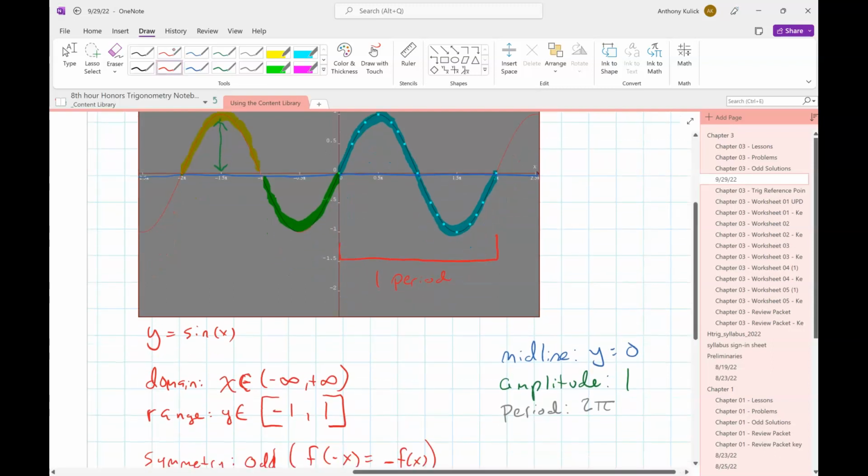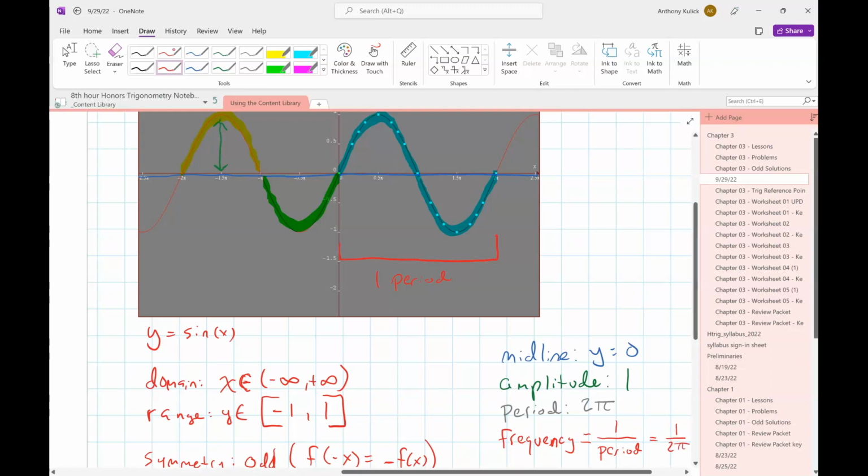And then the fourth thing I want to talk about is the frequency. The frequency is the number of periods per 1 unit of length on the graph. So by definition, the frequency would just be 1 over the period.